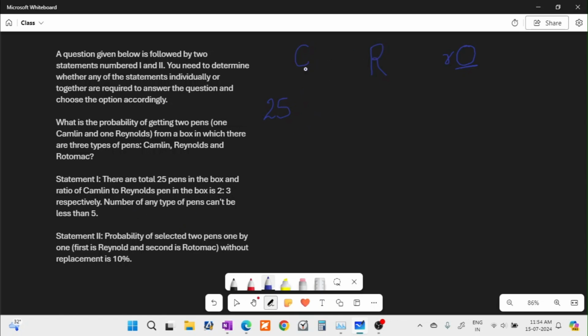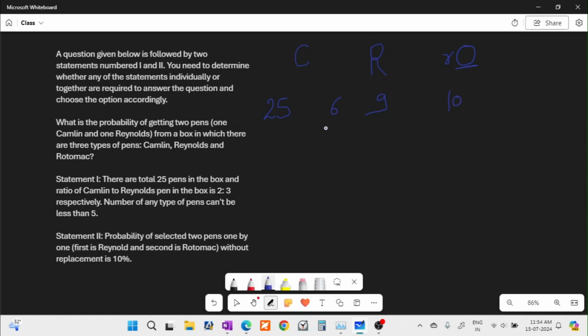So if we take Camlin to be 5, Reynolds will be 7.5, which is not possible because a pen cannot be in fraction. So let us take Camlin 6, then Reynolds will be 9, and Rotomac will come out to be 9 plus 6, 15, 25 minus 15, 10.